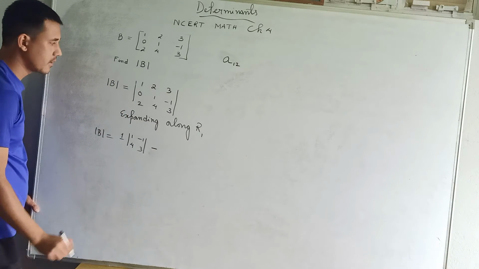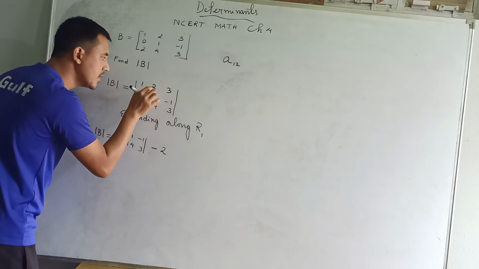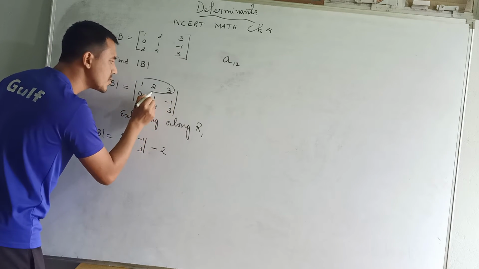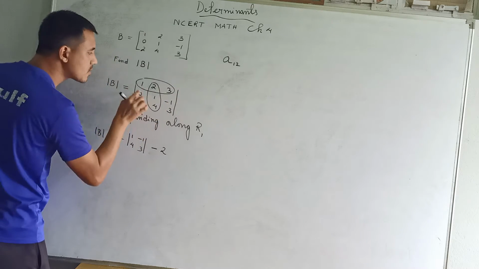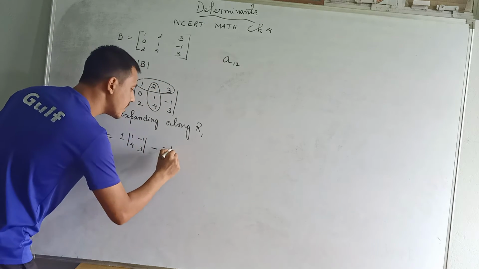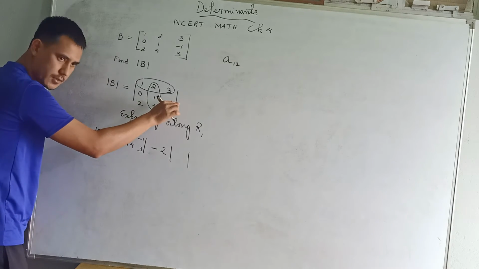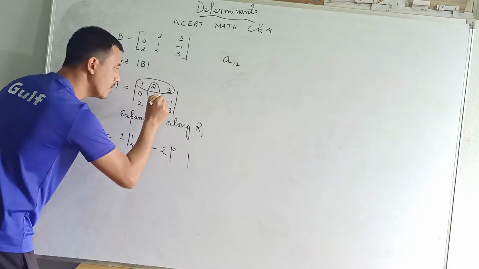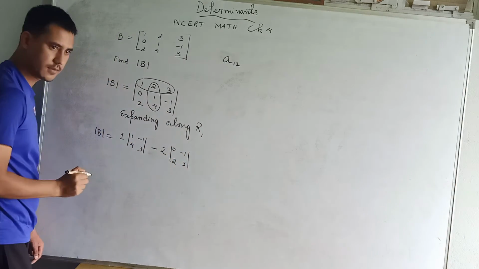And this is 2. This element belongs to the first row and second column, so we will neglect this row and column, and we write the determinant of the remaining elements in the same order: 0, minus 1, 2, 3.